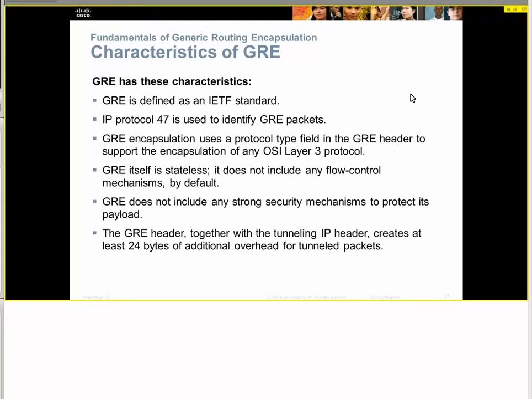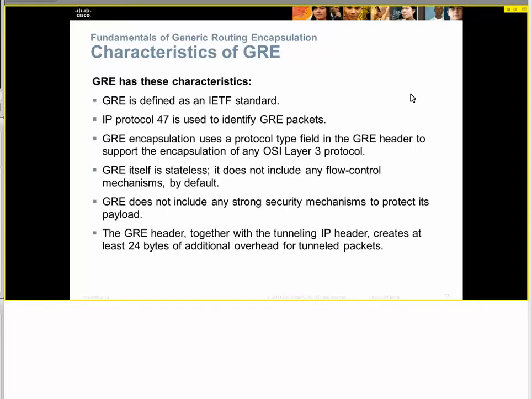So the basic characteristics are, first of all, GRE started out as a Cisco tunneling protocol, but Cisco released it and the IETF has now standardized it. It uses protocol number 47, and that will identify to the routers on both ends that this is in fact a GRE tunnel packet and must be de-encapsulated appropriately.